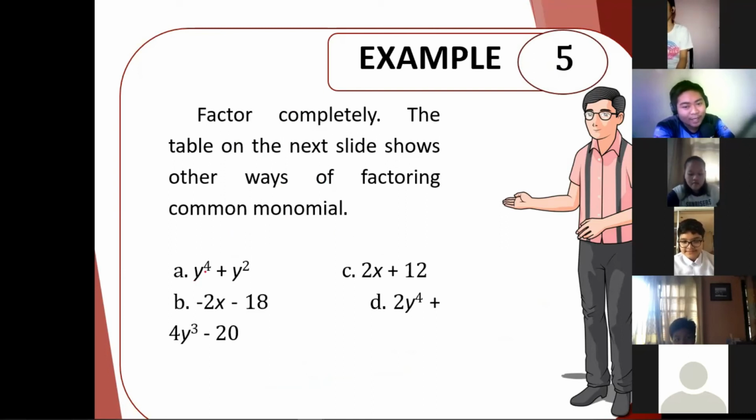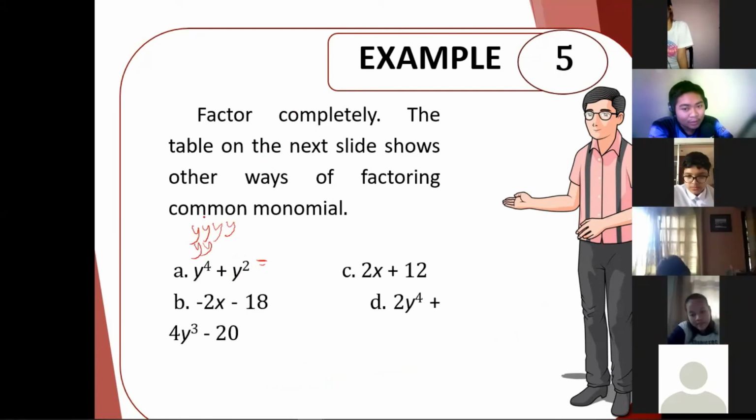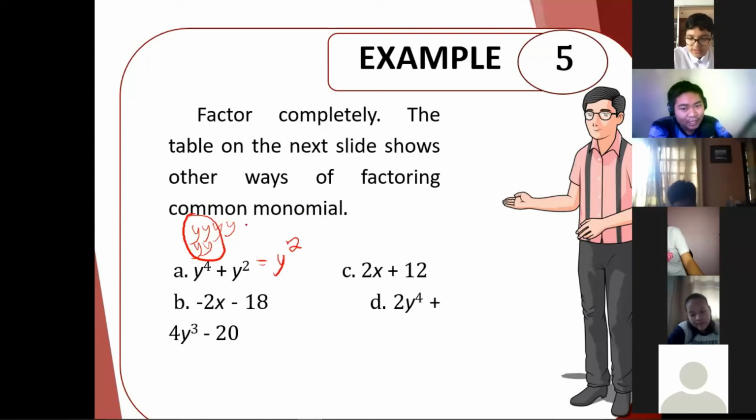For example, we have y raised to 4 plus y squared. So, what would be the common factor for this? Diba? We have y na 4. Then the other one would be dalawa lang. So, kunin mo yung dalawa. That would be y squared. And then, ilan lang yung natira?